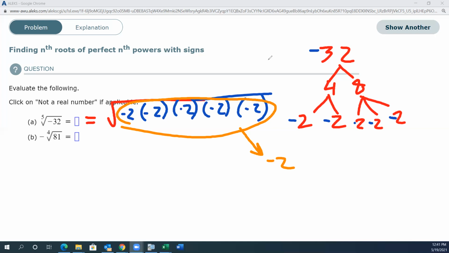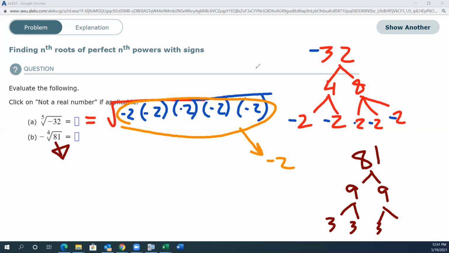Now, by the same token, this guy here, I can say, all right, let's break 81 down. Well, 81 is 9 times 9. Each of those 9s is 3 times 3. Now, what's inside of the radical, called the radicand, 81, is a positive number. So that's cool.